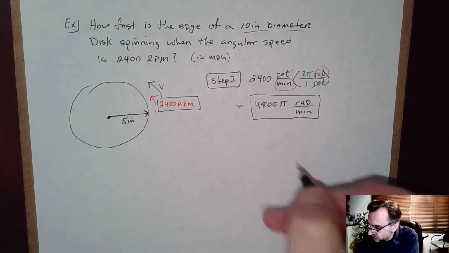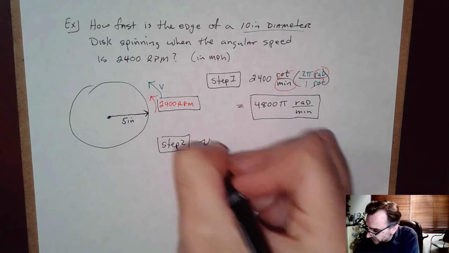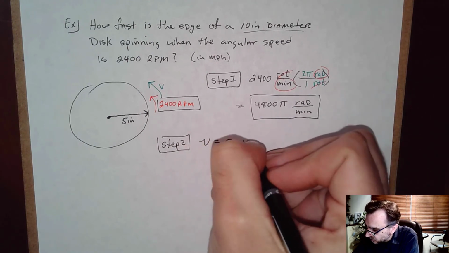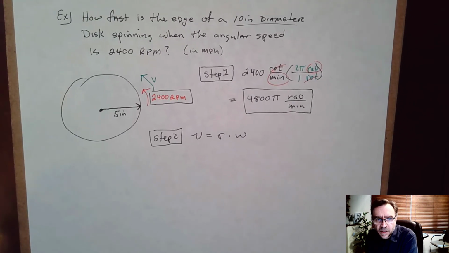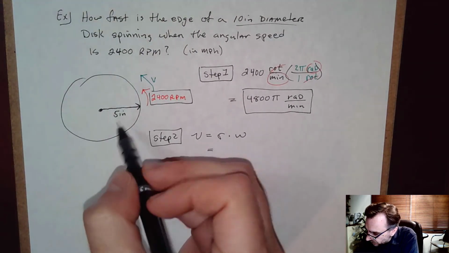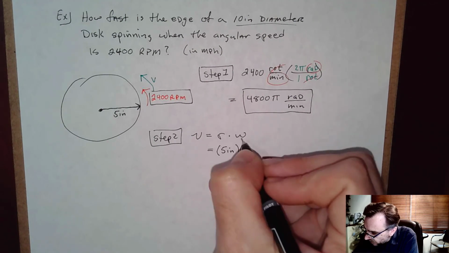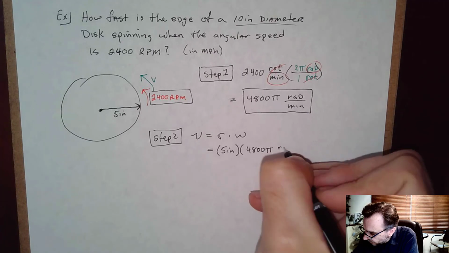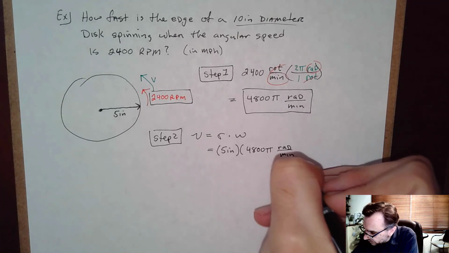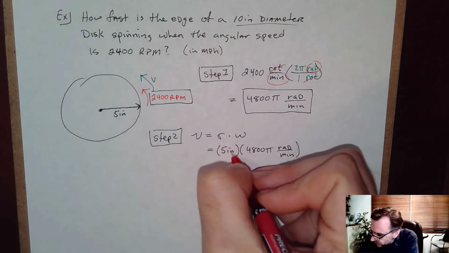Okay, so now we can use the formula, for our step two, to find linear velocity: v equals r times omega. Always. All right, so in this case, the radius r is 5 inches. And the omega we found to be 4800 pi radians per minute. And then radians is not really a unit, so you can ignore that.